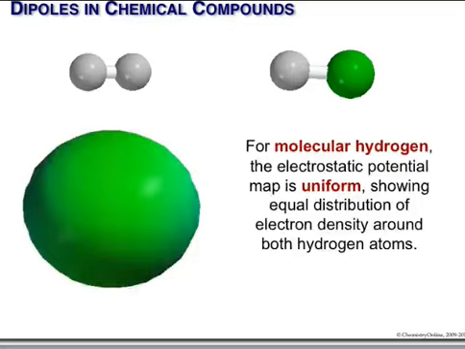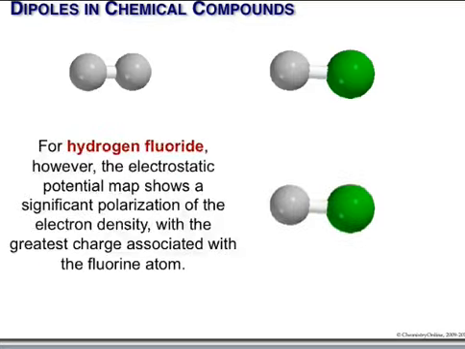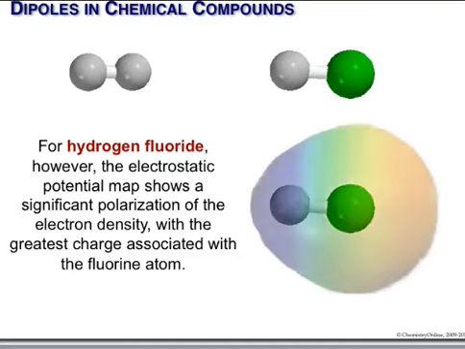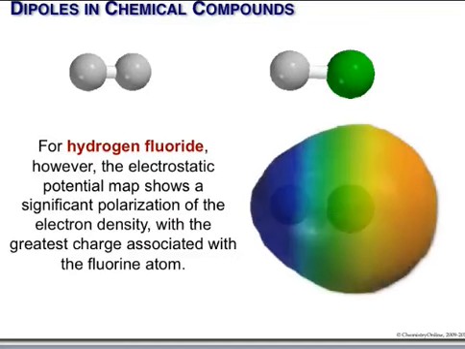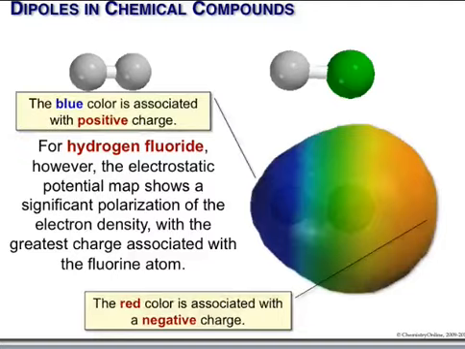Now let's look at hydrogen fluoride. Do the same exercise. We will calculate a region of space where you're going to find electrons, and then we're going to color it. When we do this, we wind up with a nice colorful Easter egg. Now we've set our computer so that wherever there is lots of electrons, we're going to show that as red. Wherever electrons are missing, we're going to show that as blue.